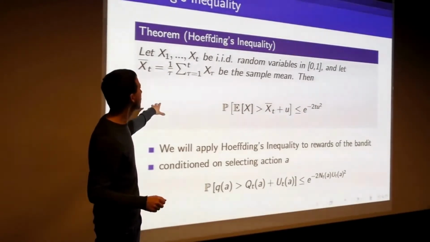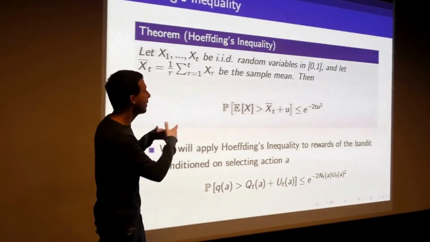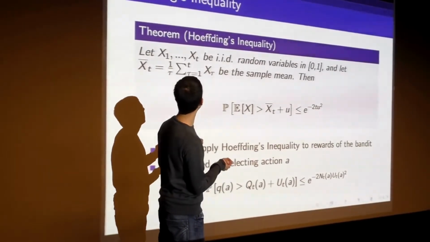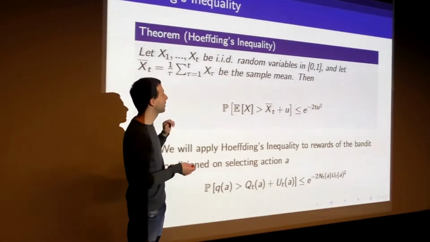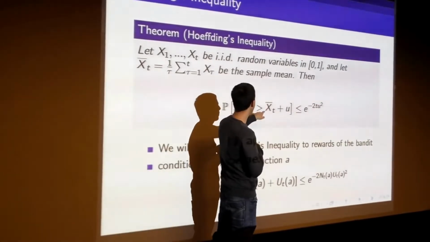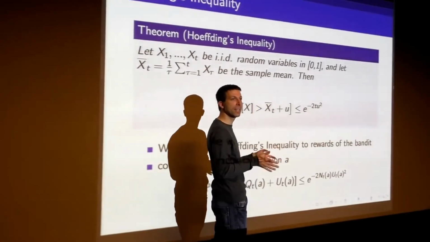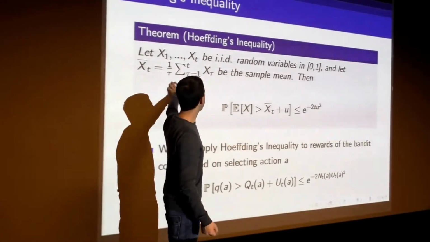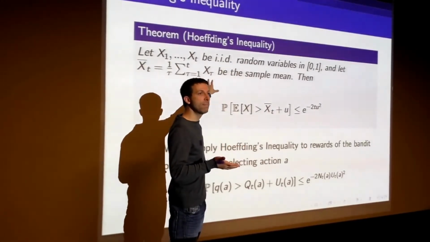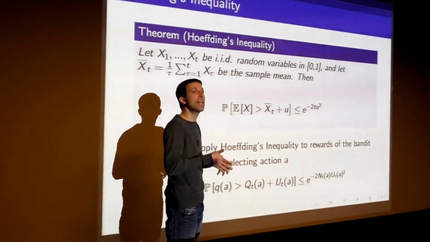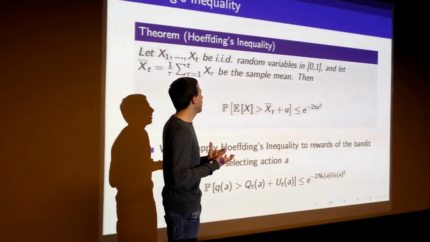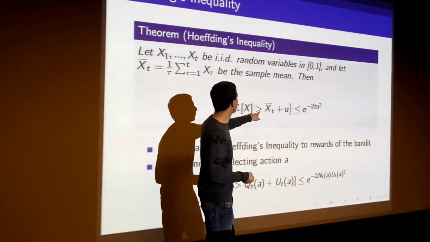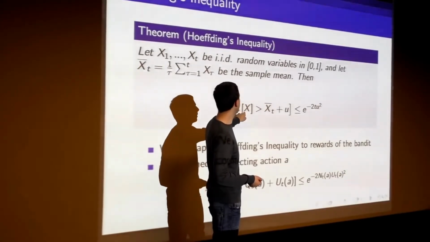This is called Hoeffding's inequality, and it's a fundamental inequality that basically tells us that if you have some random variables, so if you're sampling these random variables between 0 and 1, so if we've got these x values, and you keep sampling those x values again and again and again, and we take an empirical mean of all of our samples that we've seen so far, you keep seeing this data, you take a mean of that data, then what's the probability that the sample mean is actually less?